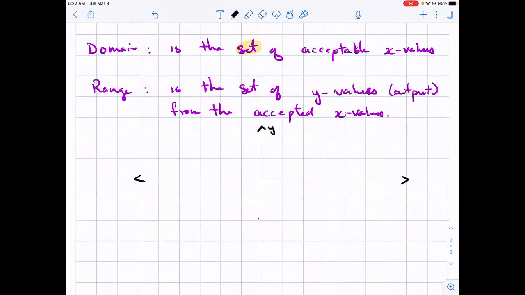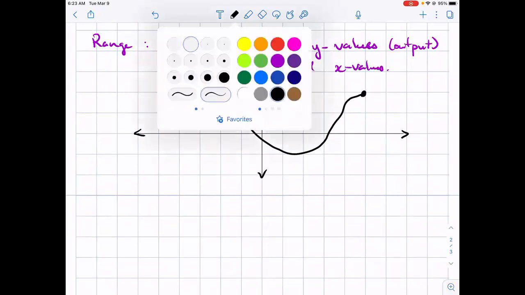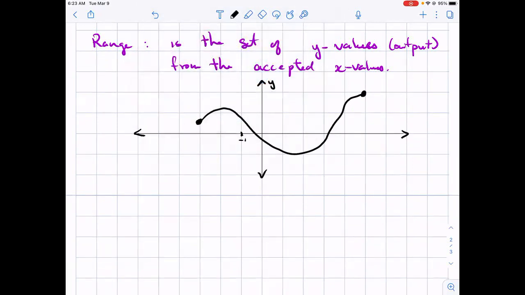So if we have a function, and let's say my function here looks like this. So that's closed, and that's also closed. Okay. So in this case, the x values that we have here, we can put some numbers in here if we want, right? -1, -2, -3.